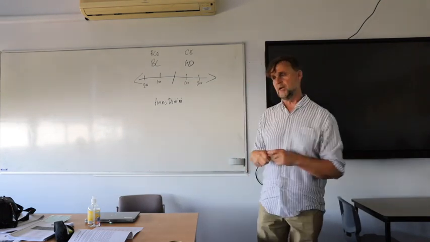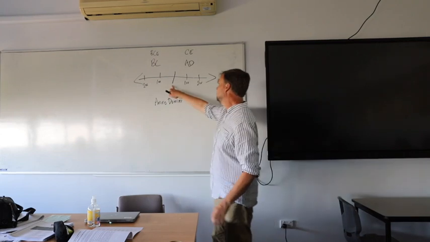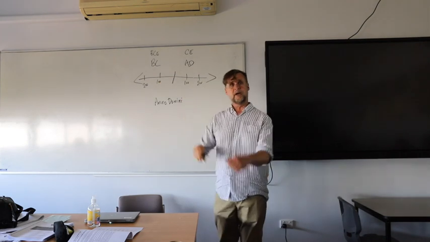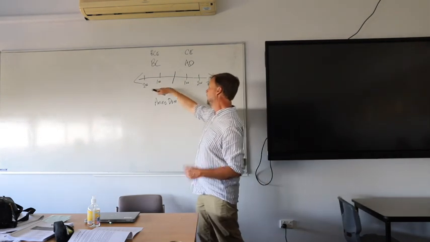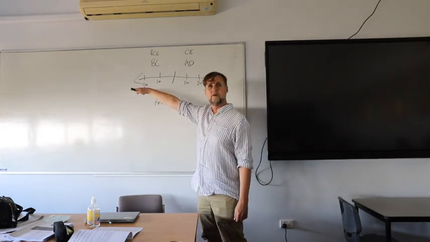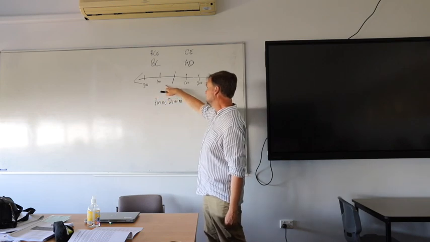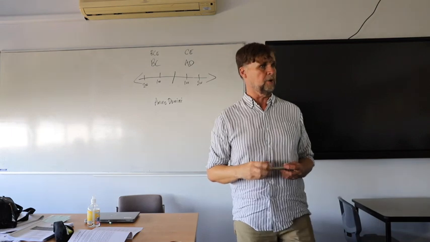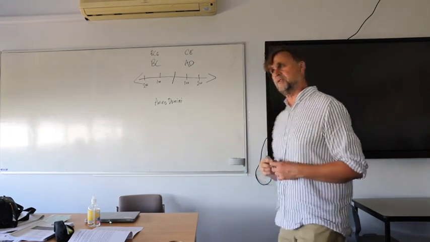So they actually miscalculated it. We don't worry about that. We still count from the crossover between 1 BC and 1 AD. And then we count backwards from 1 BC, so 100 BC, 200 BC. So 200 BC is older than 100 BC, so you just have to remember that.